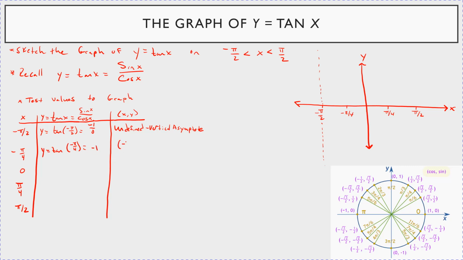So my next test point is negative pi over 4, comma negative 1, which would be here. Let's see what tangent of 0 is. It's sine over cosine, so 0 divided by 1, which is 0. So the graph goes through the origin.